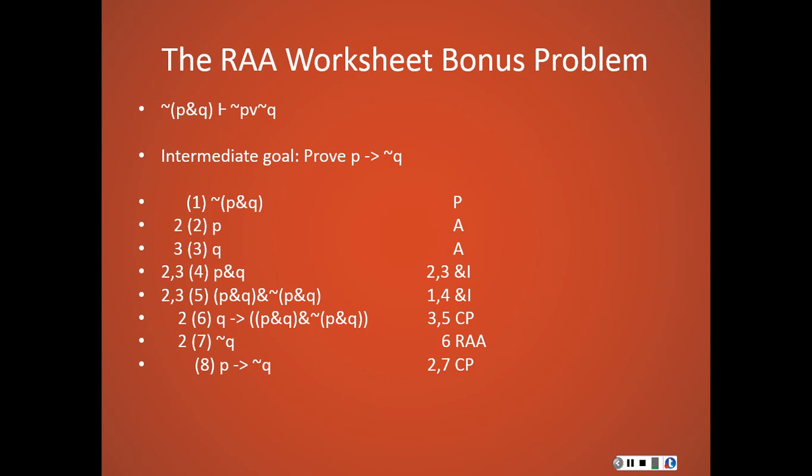And now I use the rule of sequent introduction and RMC1 to move from that conditional to the disjunction that I'm trying to prove. So I use RMC1 to move from if P then not Q to not P or not Q. And now I'm done. I have completed my proof.